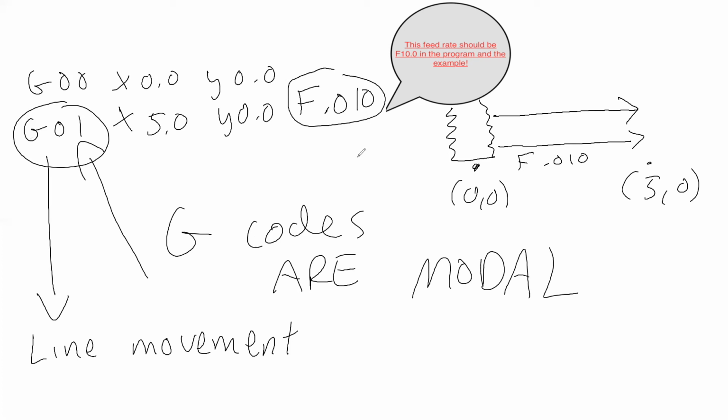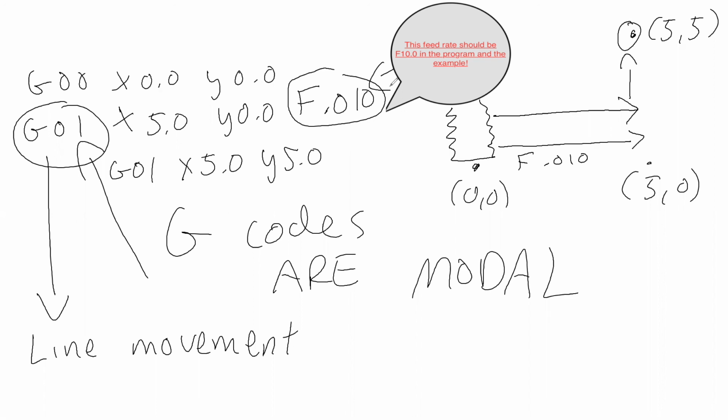So if we wanted to go, say, up to 5, we want to go up there, and we keep this G01, X5.0, Y5.0, our tool and the machine are going to move to this location at this speed. We may not necessarily want that. We may want to rapid away from the part, and that's normally what we do. Okay? So we need to remember the G codes are modal.